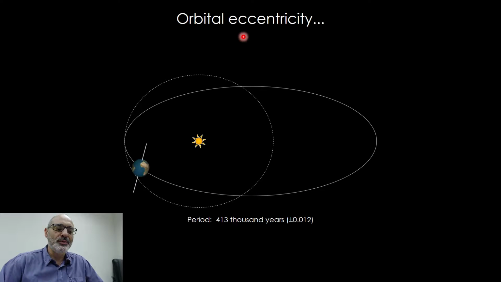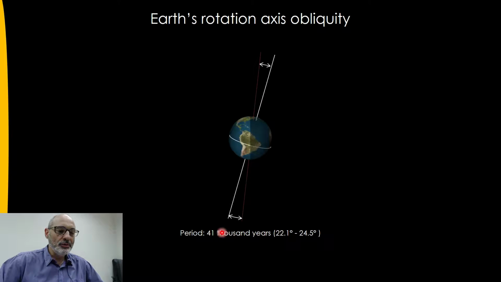Let's see some of these movements. First, related to orbital eccentricity: Earth's orbit varies from a flattened ellipse here, and in periods of 400,000 years, it goes to a more circular ellipse like this. The period is roughly 413,000 years.